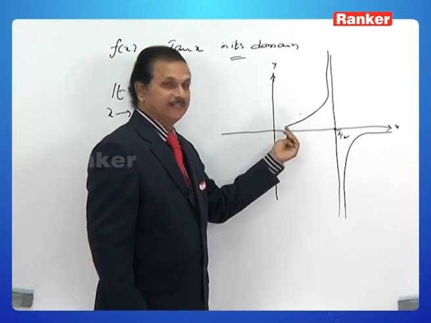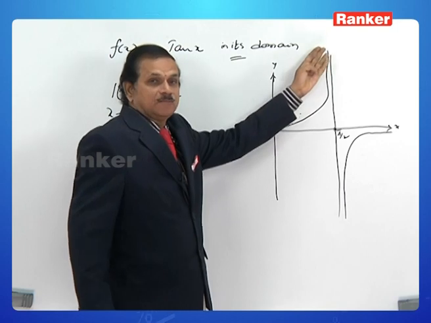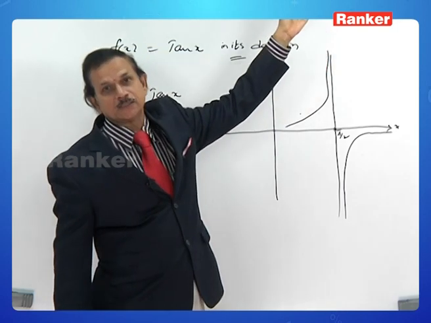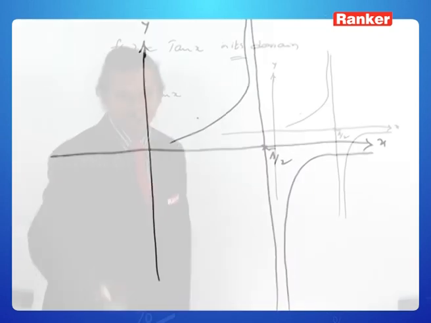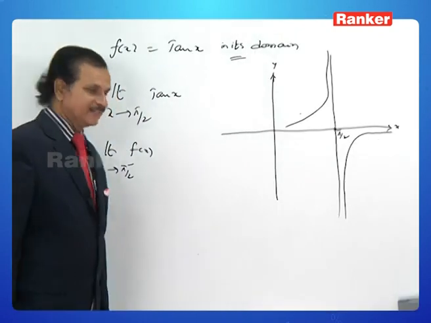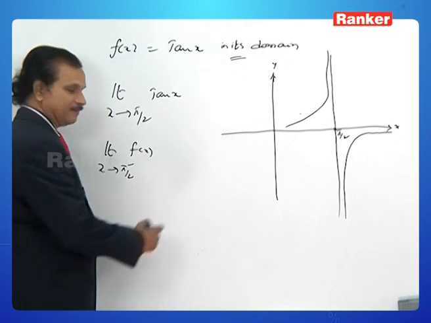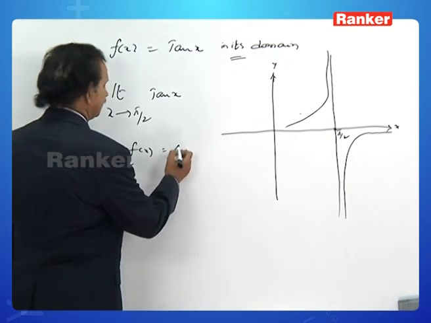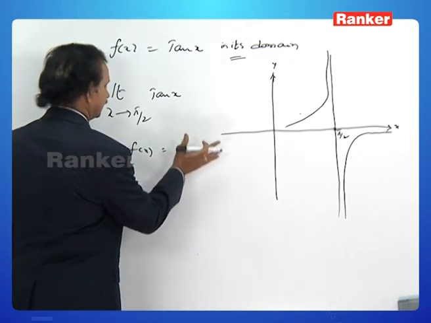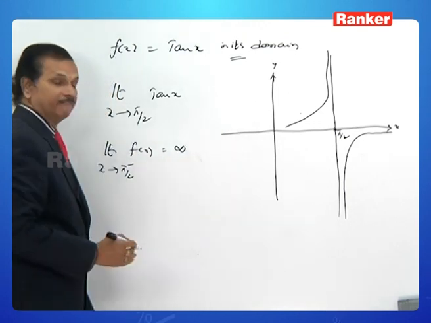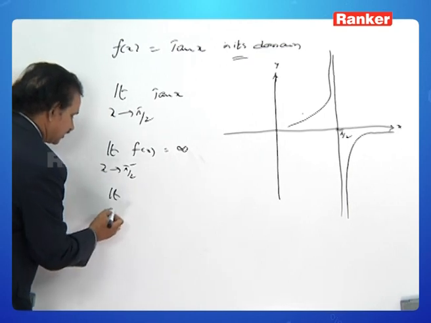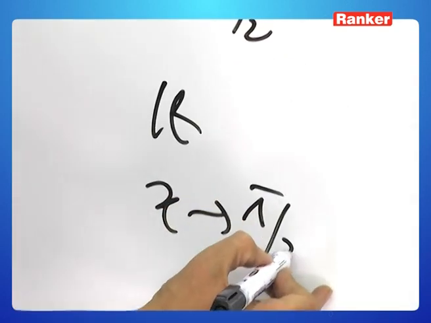From the left hand side, it goes up, up and up like that. Where can you see that? At infinity. Therefore, the limit as x tends to pi by 2 from the left of f of x is infinity.